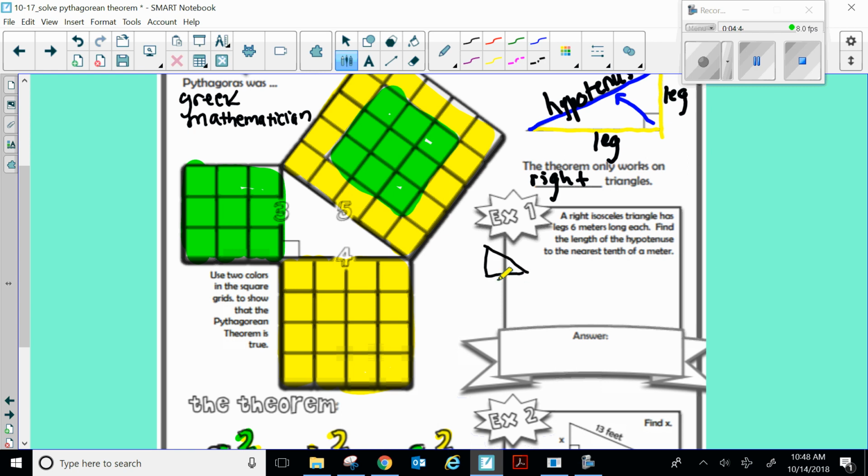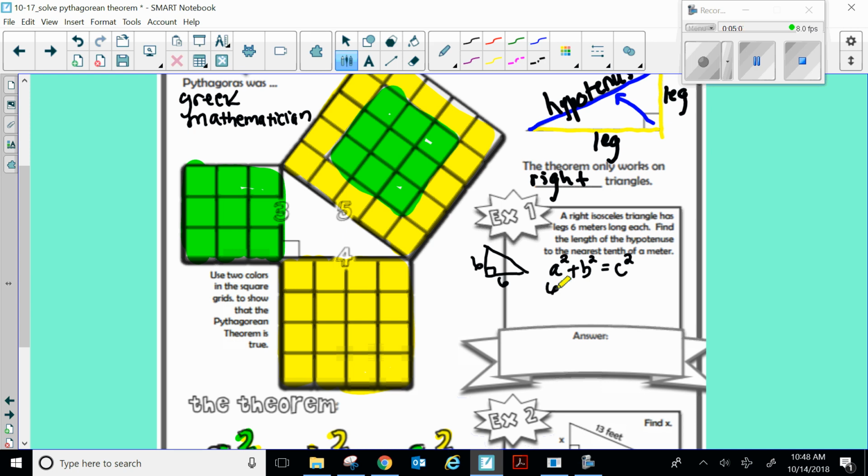So if I have a right triangle that has legs 6 and 6, now I want to know the length of my hypotenuse. So I know that a squared plus b squared equals c squared. So I'll take my legs, my A and B legs, and I'm going to find the area of the square.